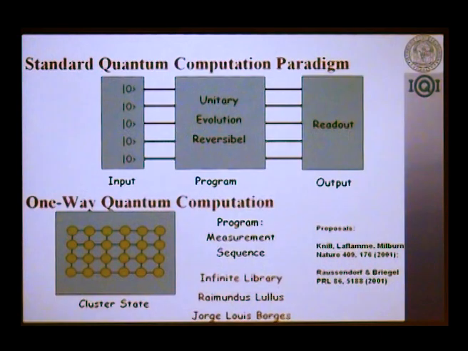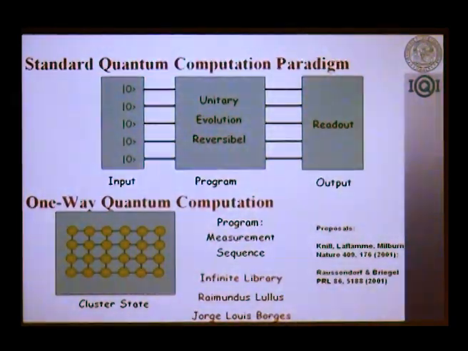The great idea came from Miller, Flamm, and Milburn, and by Rausendorf and Briegel, that if you have a sufficiently complicated entangled state called a cluster state, or variants thereof, cluster states are highly entangled states which are such that if you take one particle out, the rest still remains fairly entangled, and they can be produced by nearest neighbor interactions.